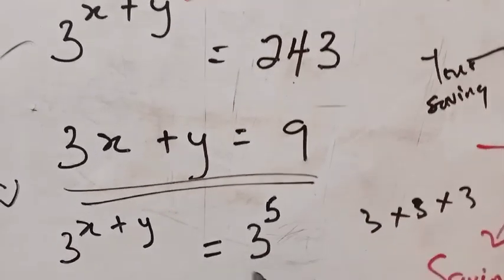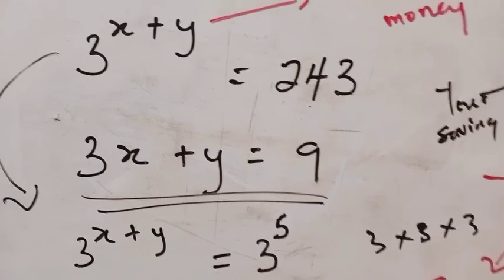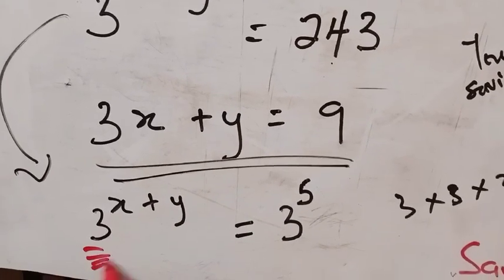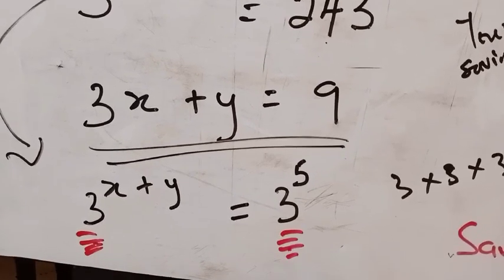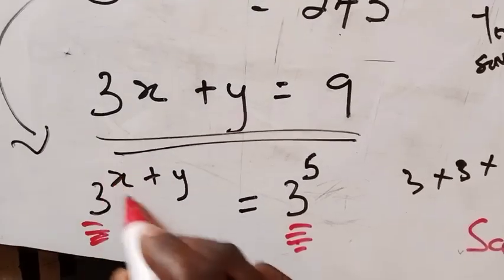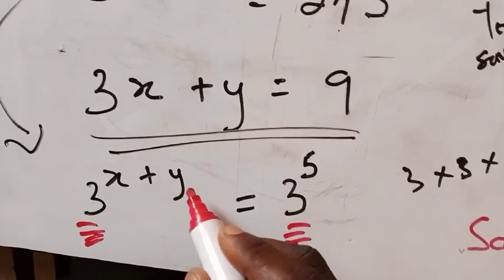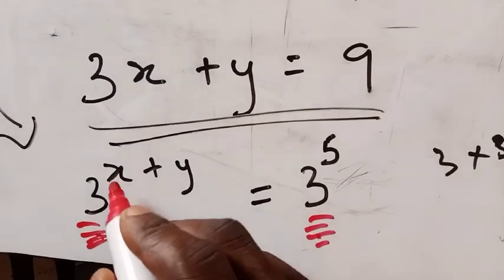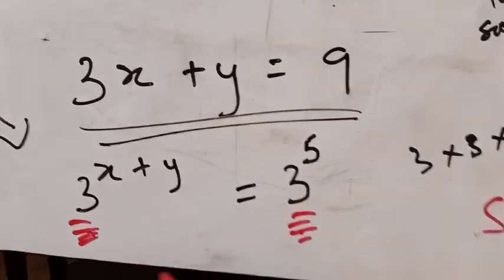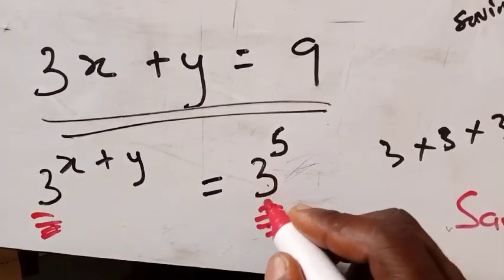Once that happens, you can see clearly that this number and this one are the same. If that happens, then we can easily equate their exponents, whatever they are carrying. Assuming this is your father who gave birth to two children somewhere, and later on you find that it's the same father, right?